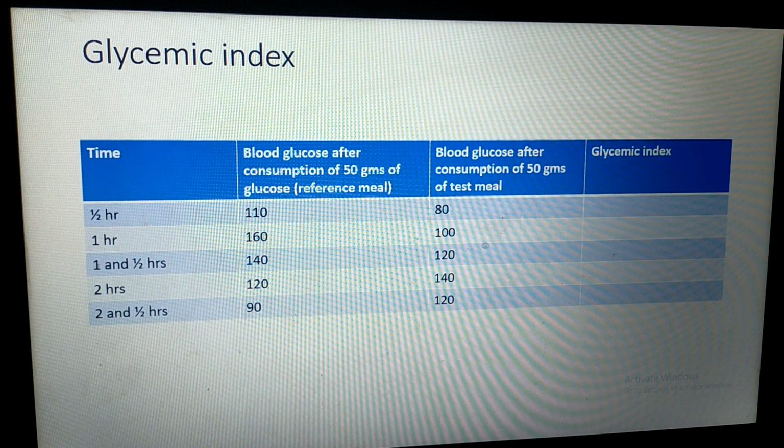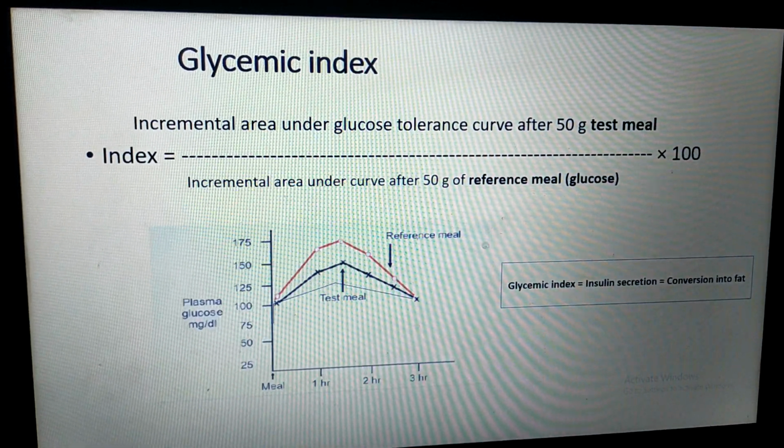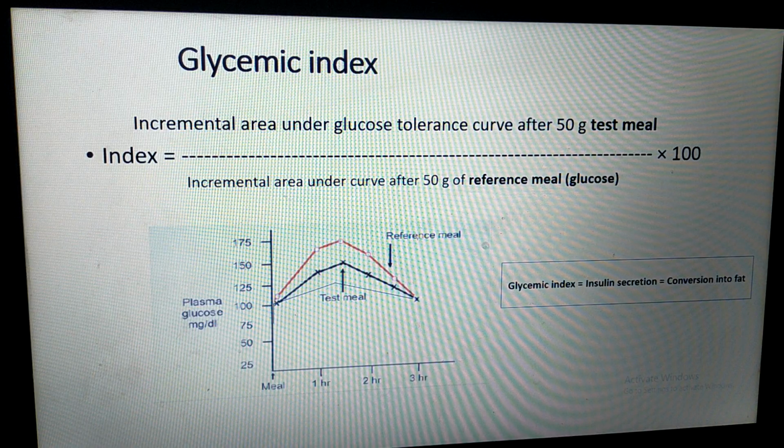After measuring the blood glucose level, you have to plot the graph. This is the graph, and glycemic index is calculated by the formula: incremental area under the glucose tolerance curve after 50 gram of test meal divided by incremental area under the curve after 50 gram of reference meal, multiplied by 100.